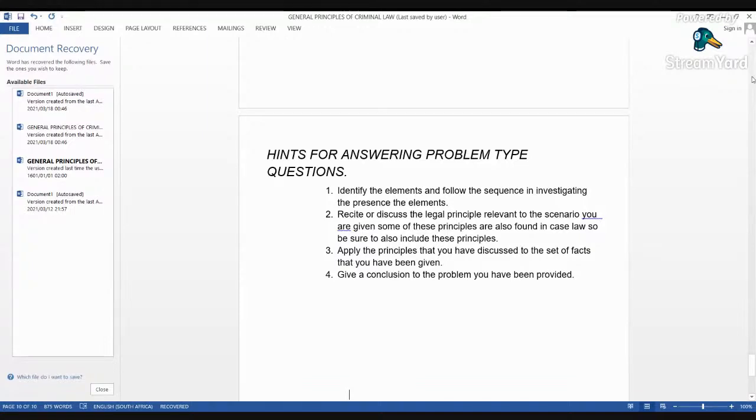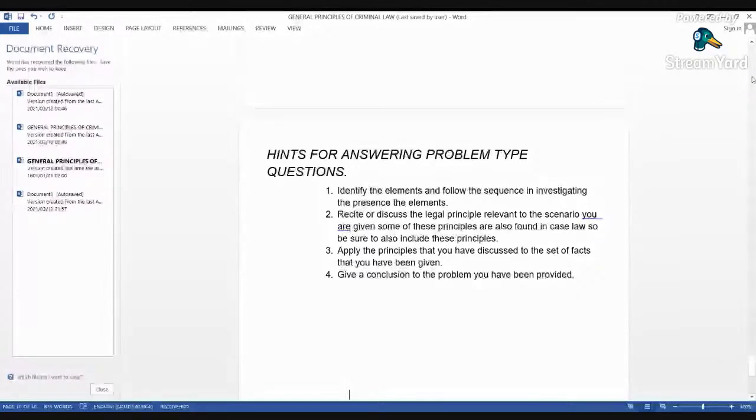And then if there is a case, you also bring it in: X versus Y, it was decided that this, etc. So now you are fusing them with the principles, you're applying it. So just remember, so that it follows a certain type of sequence, just be mindful of that.